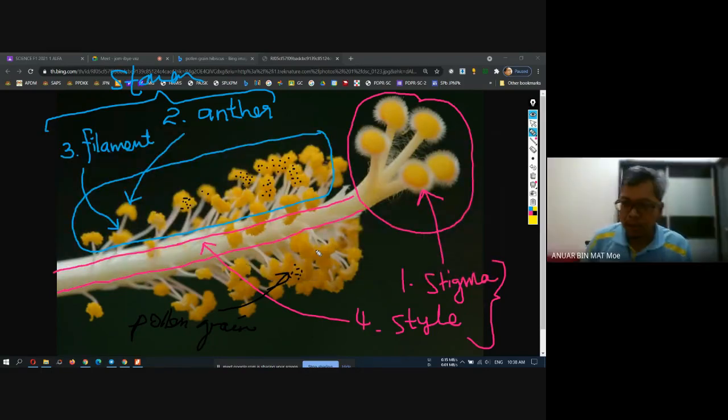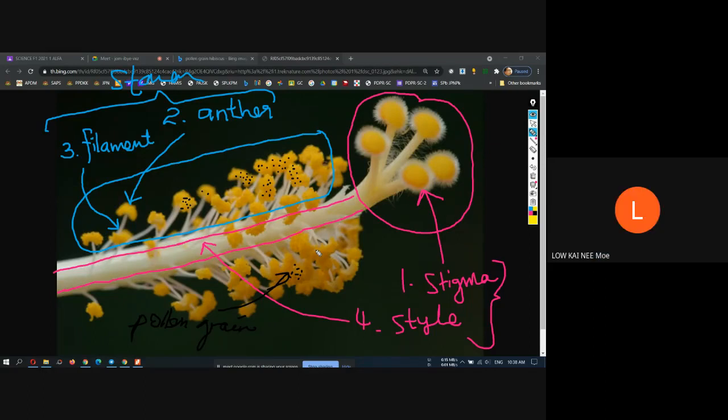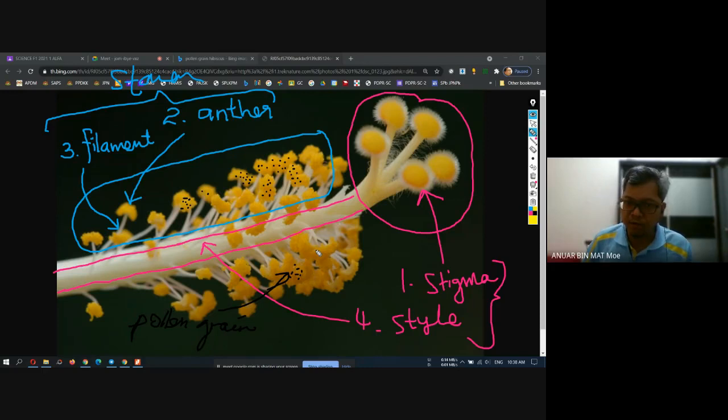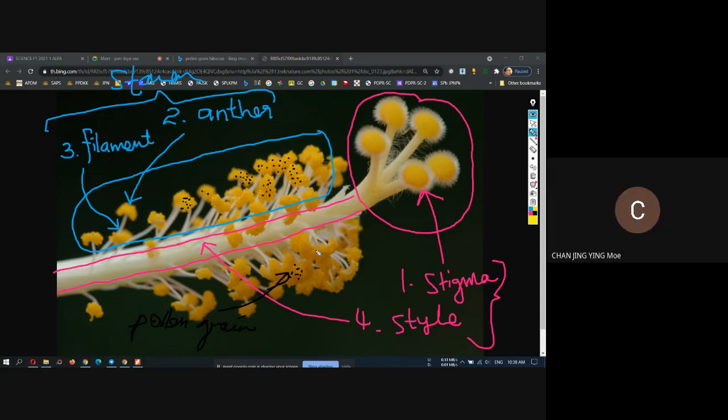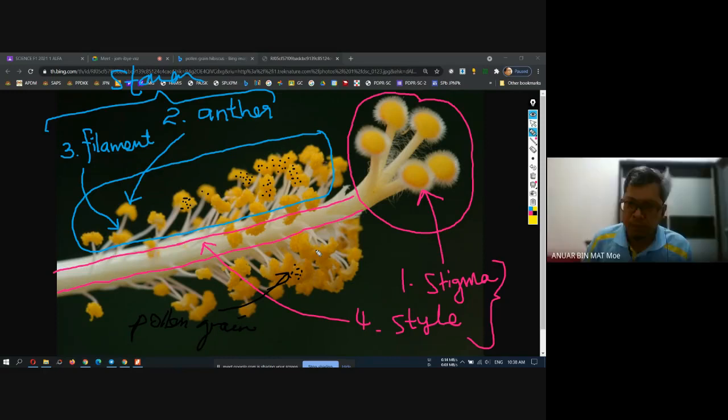From anther to stigma. Very good. Pollination is the transfer of pollen grain from anther to stigma.